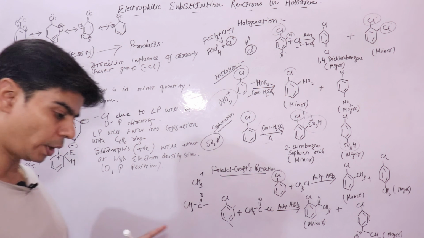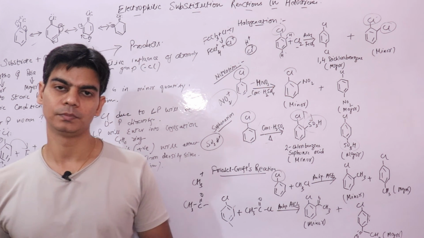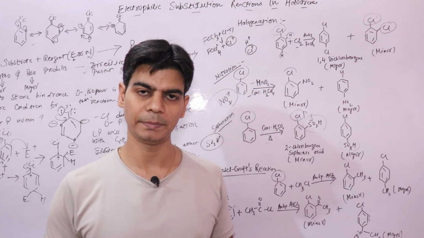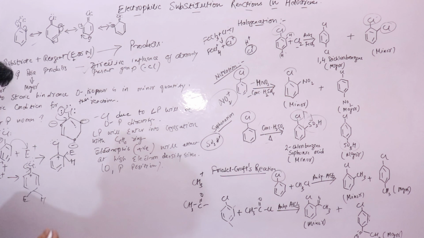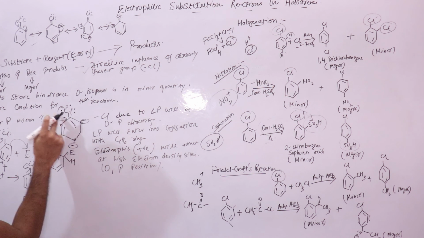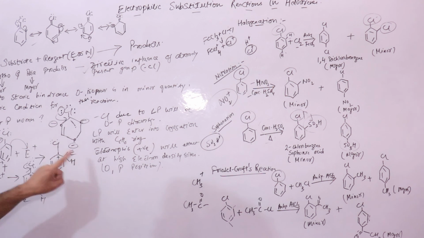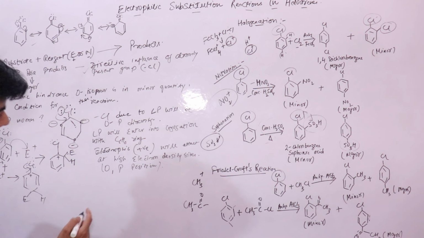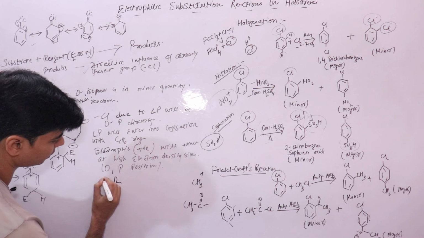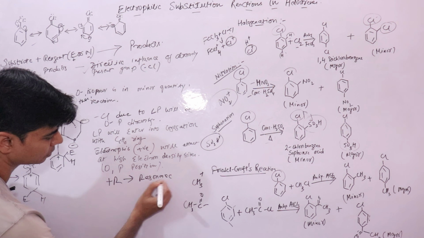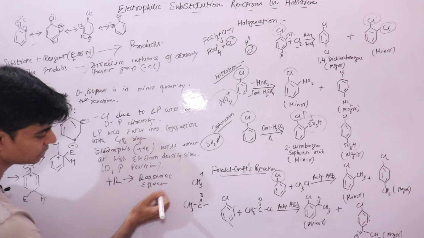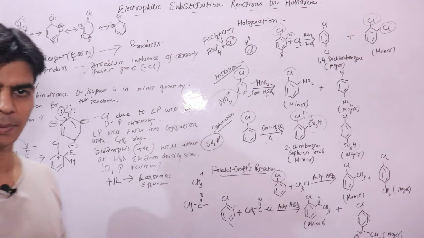Now we have understood one thing about the chlorine atom which is already present on the benzene ring, which is its ortho and para effect, right? This effect, where the lone pair of electrons on chlorine enters into conjugation with the benzene ring, we call the plus R effect, a resonance effect. Due to the resonance effect, your Cl is ortho and para directing.